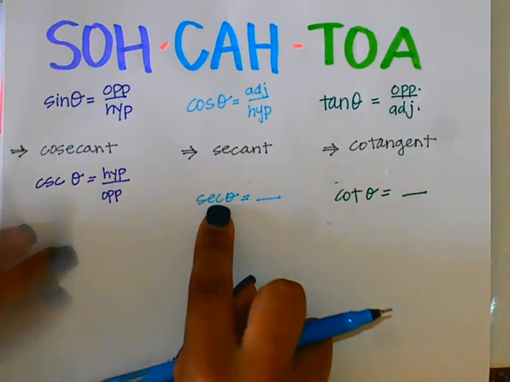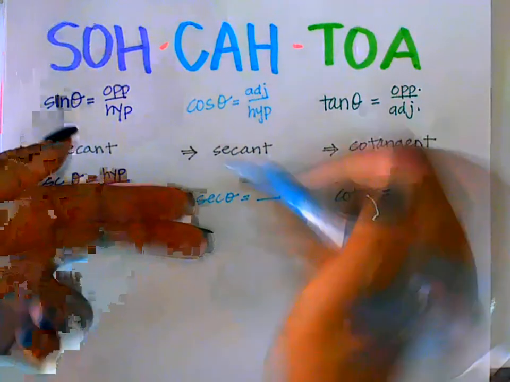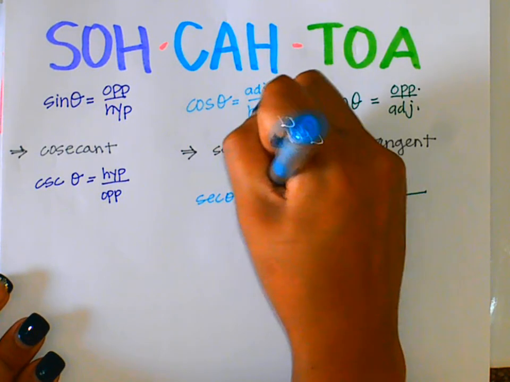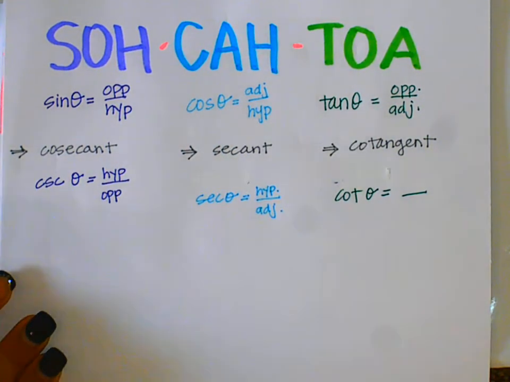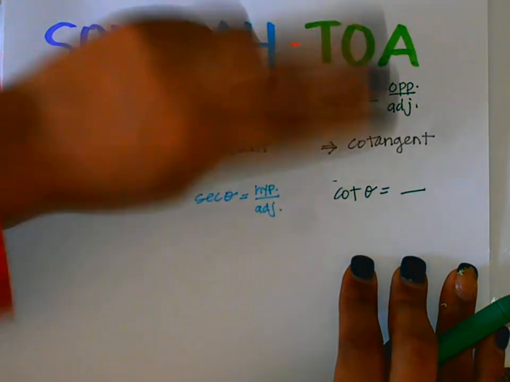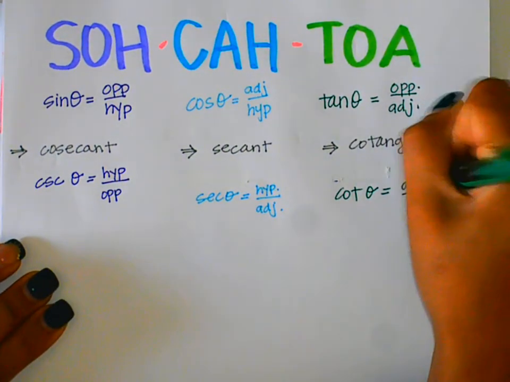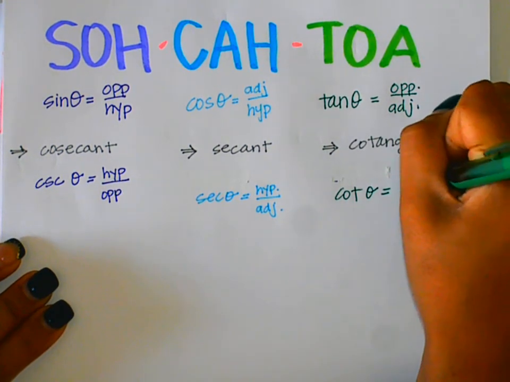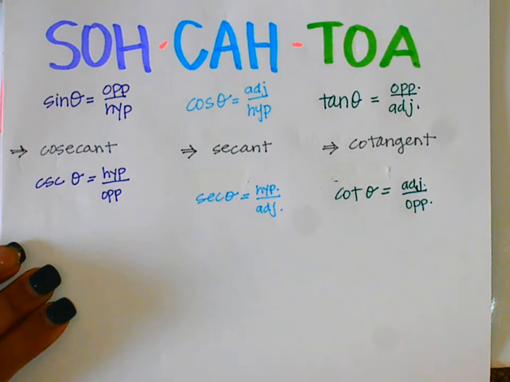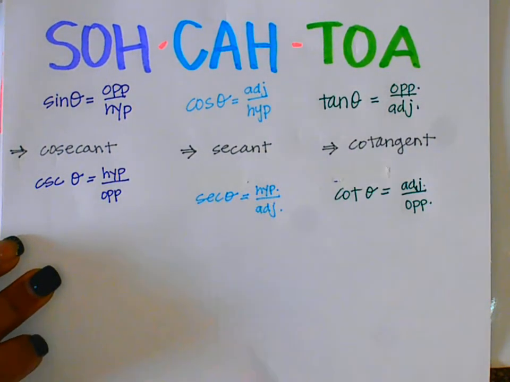So for secant, same thing. You're going to take the cosine, your adjacent over hypotenuse, you flip it, and you have hypotenuse over adjacent. And lastly, for cotangent, you take your opposite over adjacent, you flip it. So adjacent over opposite. So the words are a little bit more complicated, but the work isn't. Once you have these, you just flip them and you find those.